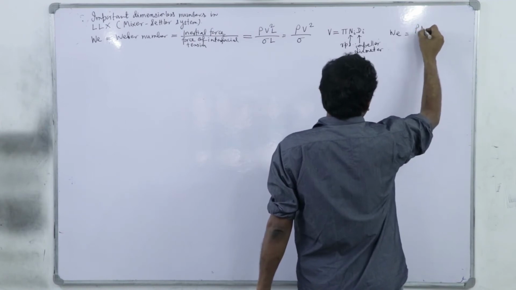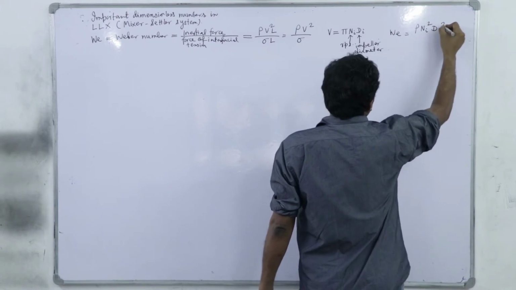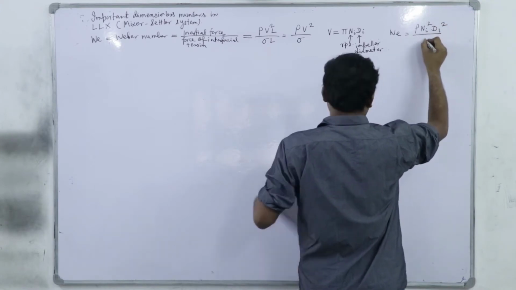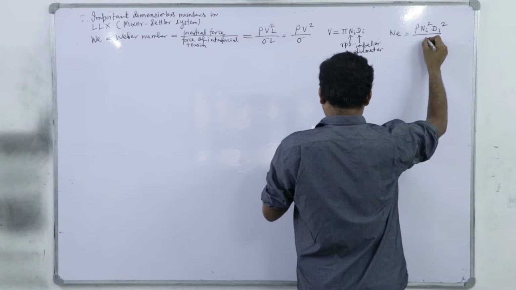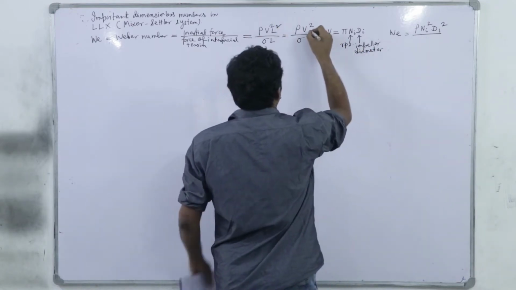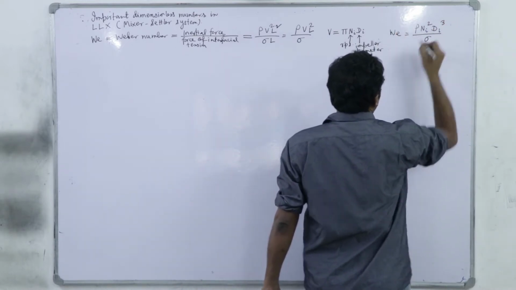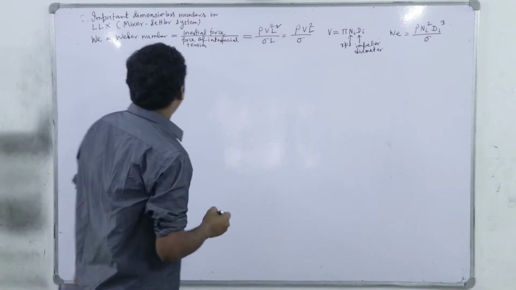So, rho Ni square di square, oh sorry, this will be L. So, here it will be di cube divided by sigma.